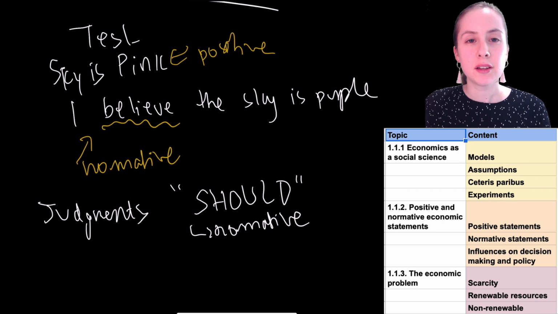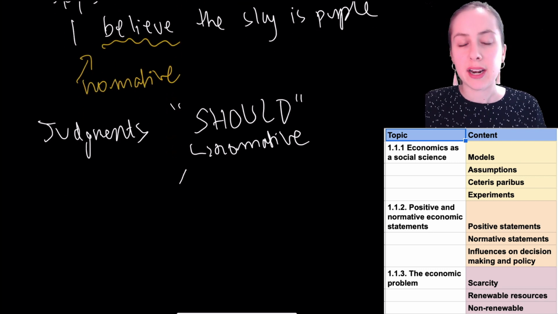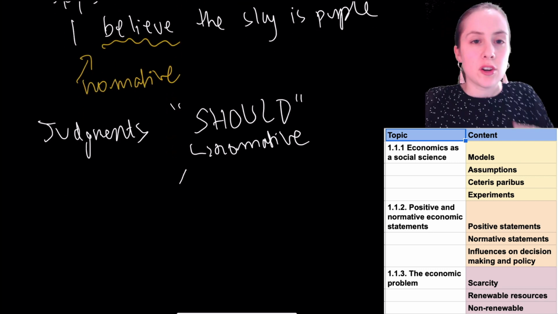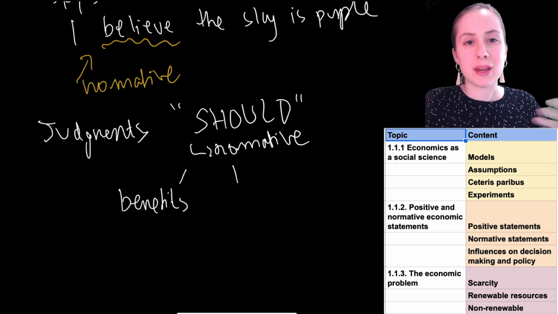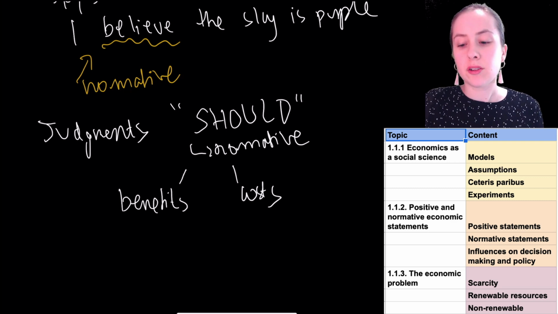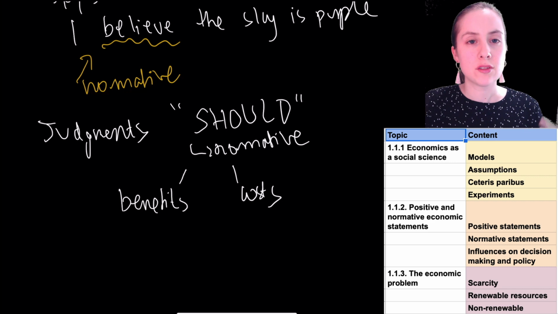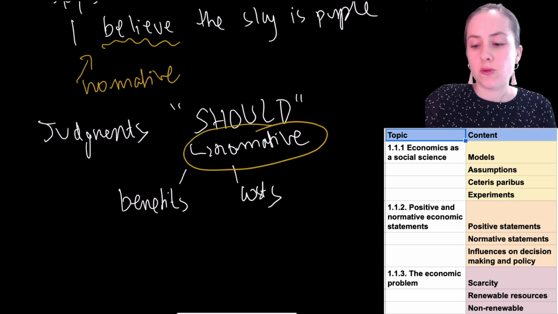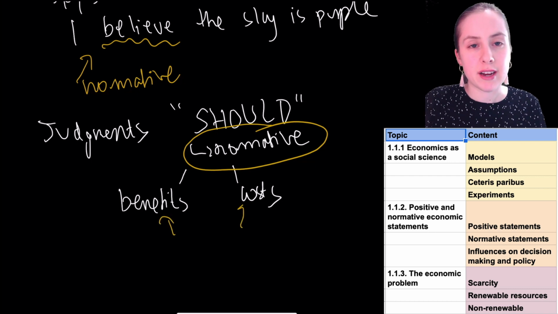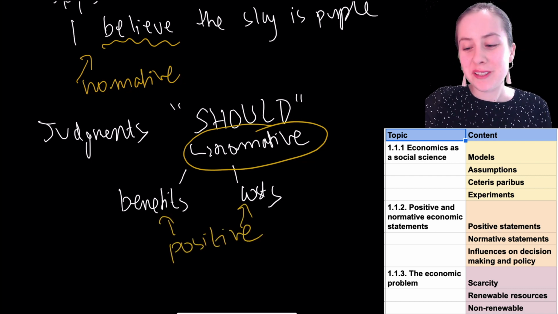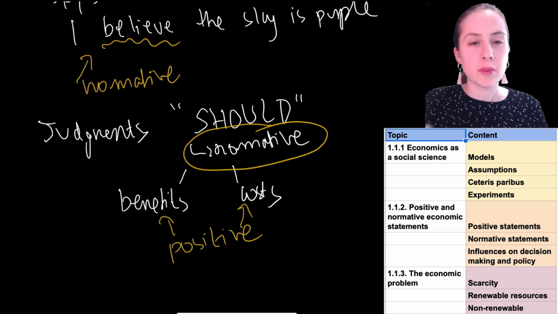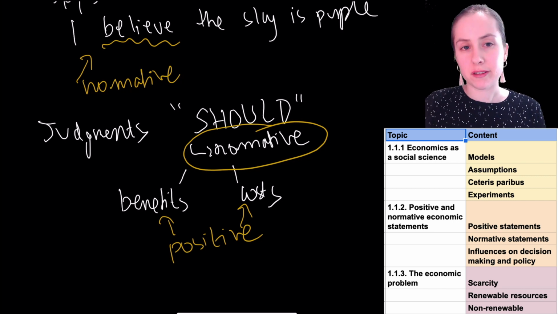However, ideally, that is as well researched as possible and as backed up as possible with correct estimations, or the best estimations, of the benefits and the costs to help us make really good judgments based on the beliefs and the values of society. So we have normative statements, but we can't escape the fact that there will also have to be a lot of positive statements to help guide our decision making and provide the information and the facts.